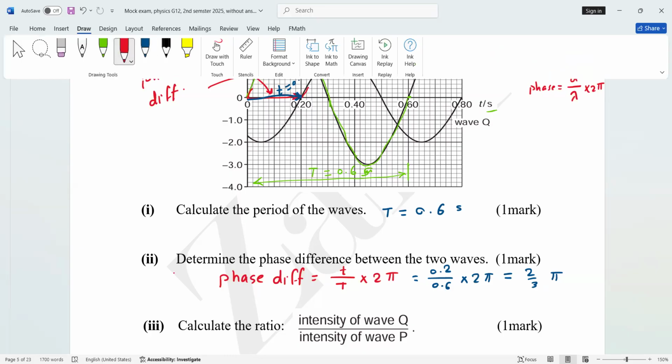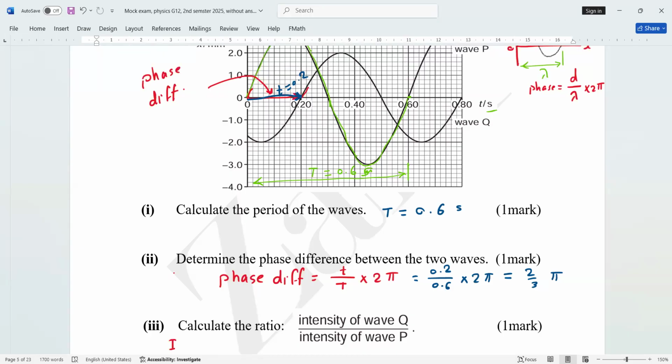We know that the intensity is proportional to amplitude squared. Then the intensity of Q over the intensity of B equals the amplitude of Q squared over the amplitude of B squared. Now, what is the amplitude of Q?